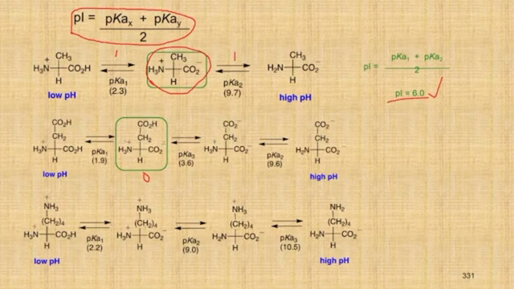Here you have a +1 charge, here we have a 0 charge, here we have a -1 charge, here +1, here 0, here you have a -1, here you have -2.